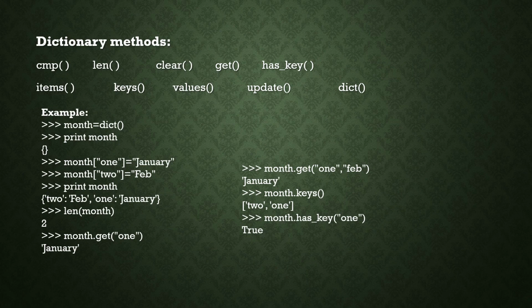Suppose you want to get the value for a particular key, we just need to specify month.get and specify the key value.